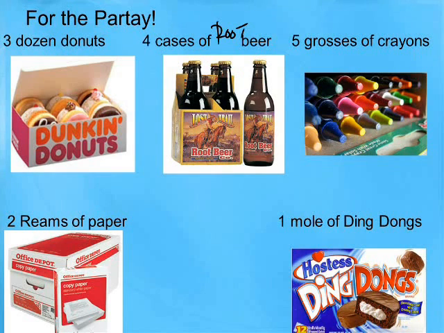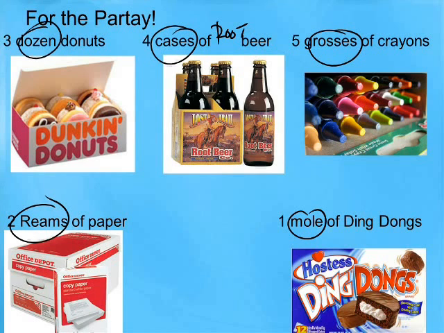There we go. The mole is just a number, just like a gross or a case or a ream or a dozen. A dozen means 12, so this is 3 times 12. A dozen is just a word that means 12. A case means 24.